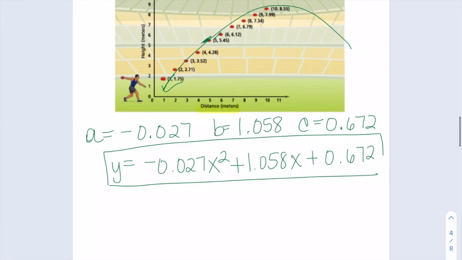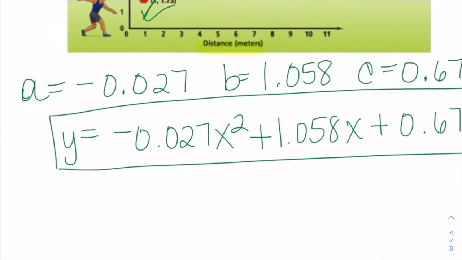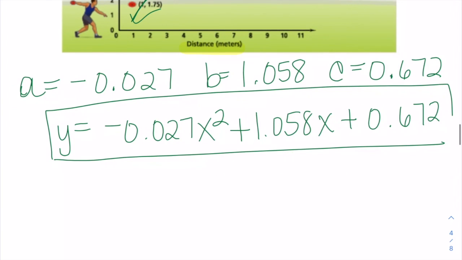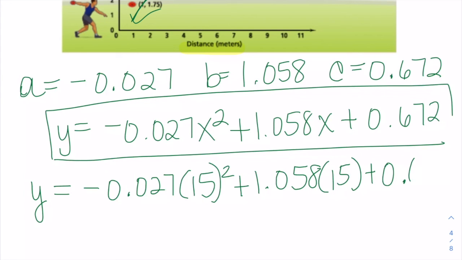Now, if we're going to figure out the height, remember the height was going to be the y. So if I plug in 15 for x, I'll get the approximate height. So this is going to be y equals negative 0.027 times 15 squared plus 1.058 times 15 plus 0.672. All right, let's simplify.